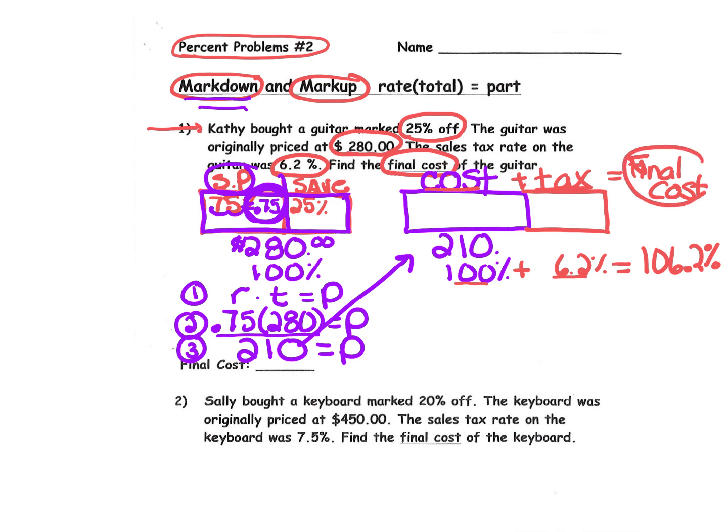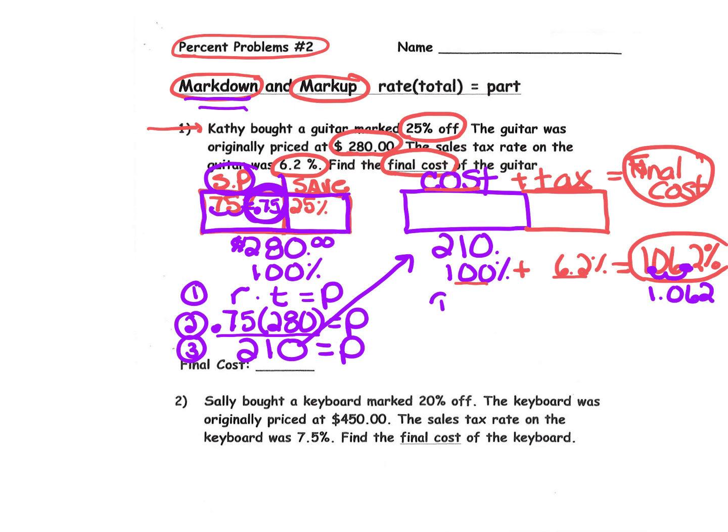So when we're calculating the final cost, we're going to use this rate, but as a decimal. So, take your decimal percent and convert it. Move your decimal 2 places, and this is the decimal rate we're going to use in the formula.